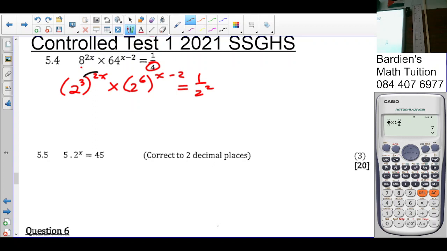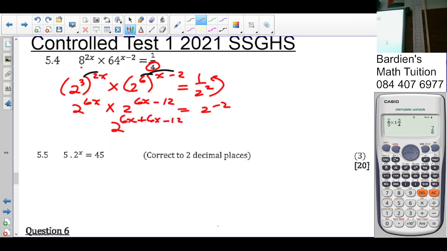So we multiply the exponents. So it's 2 to the 6x times 2 to the 6x minus 12 is equal to, bring that up, 2 to the negative 2. Okay. When we're multiplying it, bases are the same. What do you do with the exponents? So it's going to become 6x plus 6x minus 12 is equal to 2 to the negative 2.